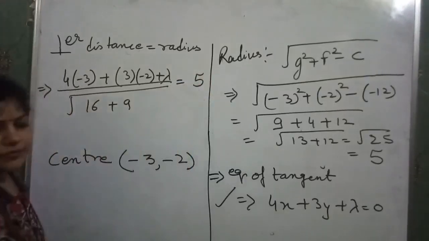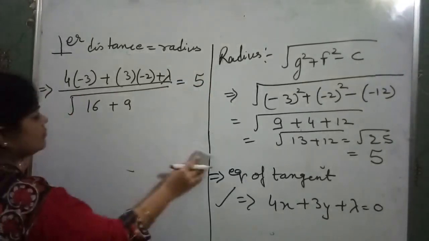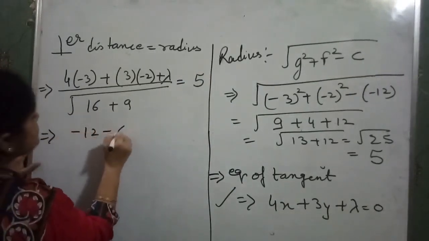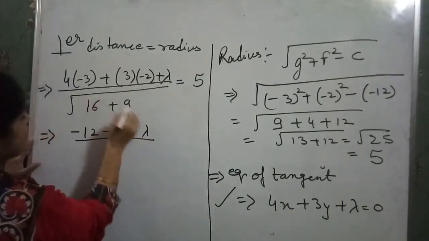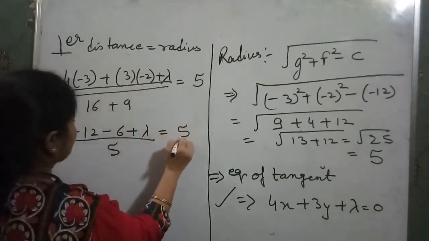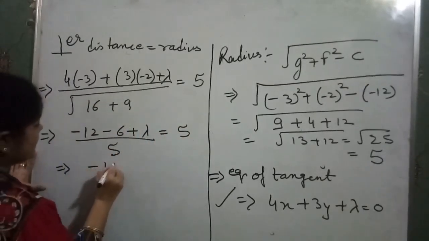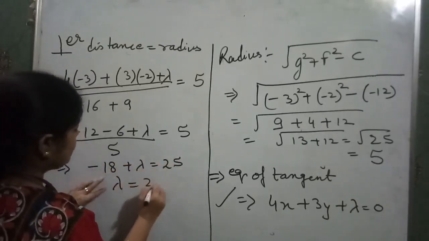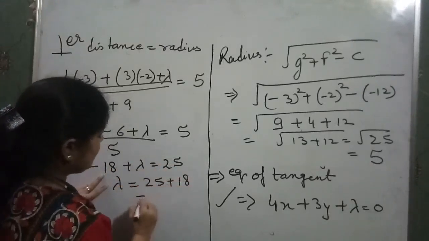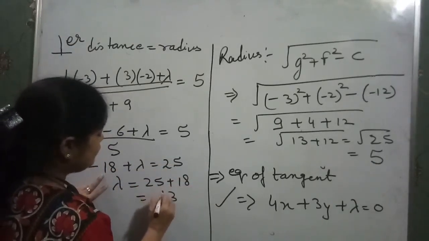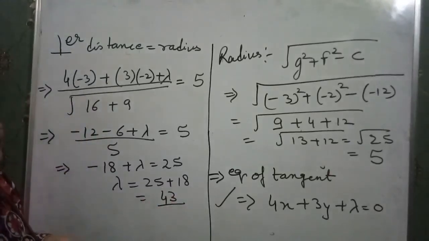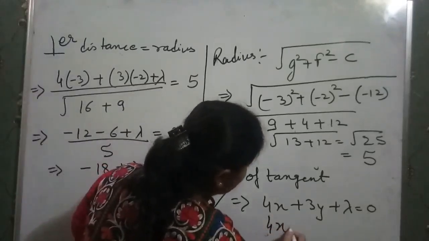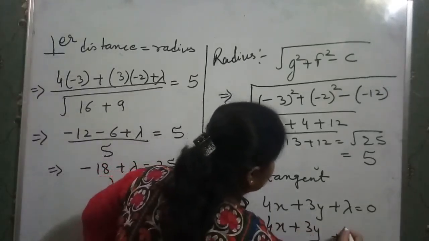Clear? Now we have (-12 - 6 + λ)/5 = 5, so -18 + λ = 25. So the value of λ is 25 + 18, which is 43. Now the equation of tangent is obvious. It's very easy. It becomes 4x + 3y + 43 = 0.